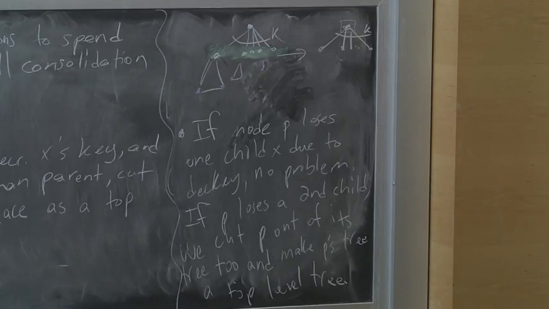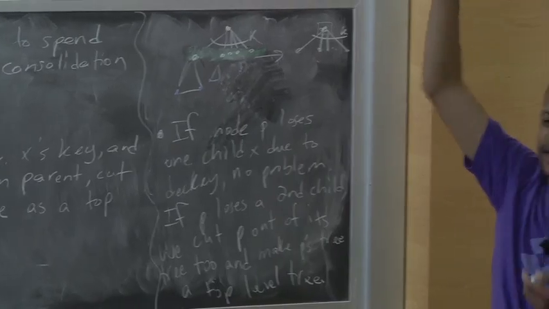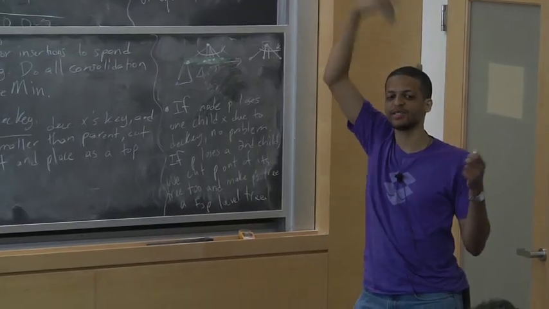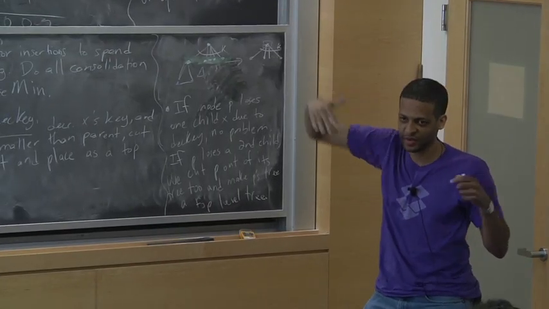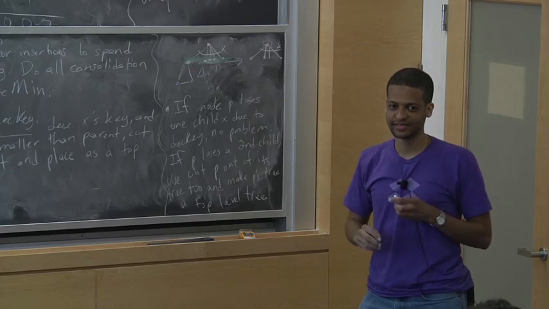Yes, this might recurse. So P itself has a parent. And P might be the second child lost by its parent. And its parent will then cut itself out of the tree.